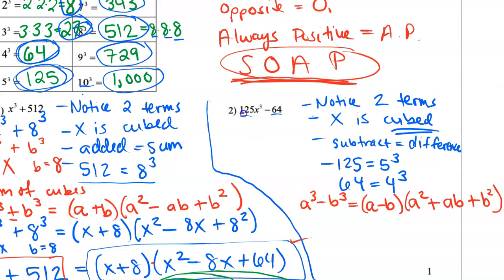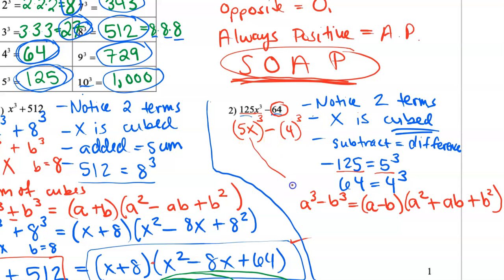In this case, though, let's take a look here. I want to think of the 125 as 5 cubed, and then the x cubed is x cubed. So I can think of 125x cubed as 5x all cubed, because 5 cubed is 125 and x cubed is x cubed. And then the 64 I can think of as 4 cubed.